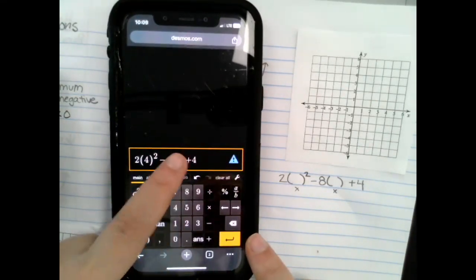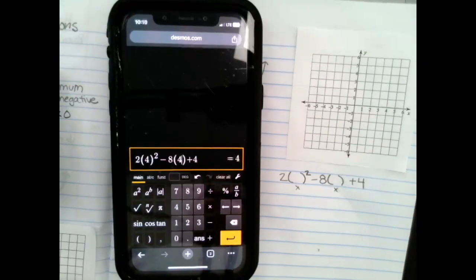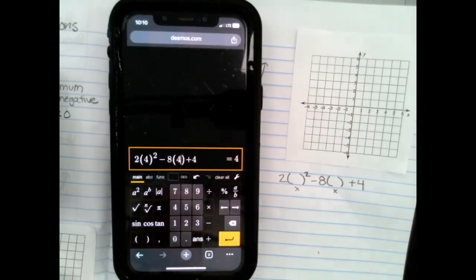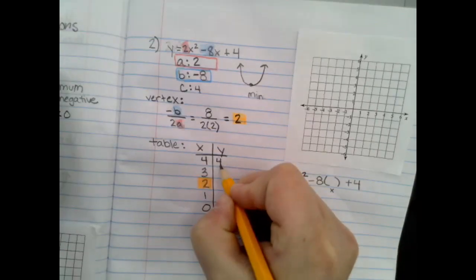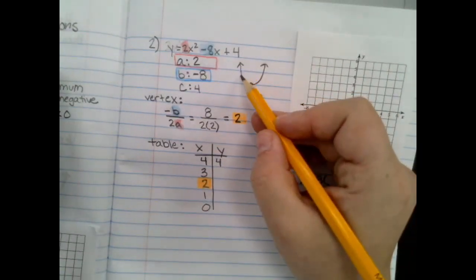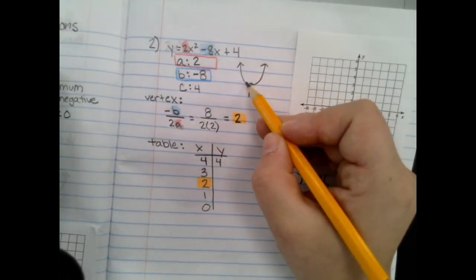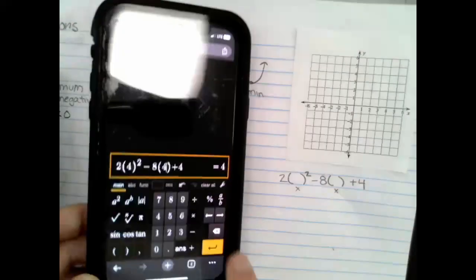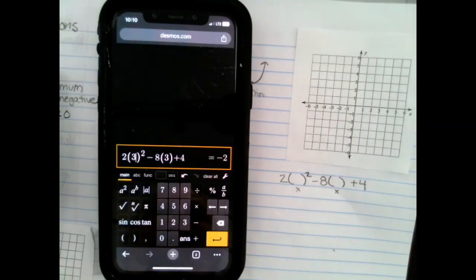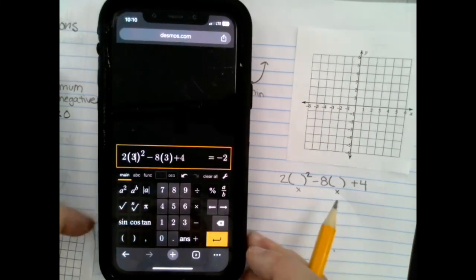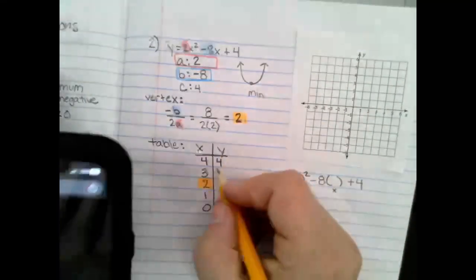We did 4. So when I put in 4 for both, what do I get out? 4. Crazy. All right, now it's a minimum, so is it going to be going up or down now? It should be going down to that minimum. So now instead of 4, we'll put in 3. And we get -2.